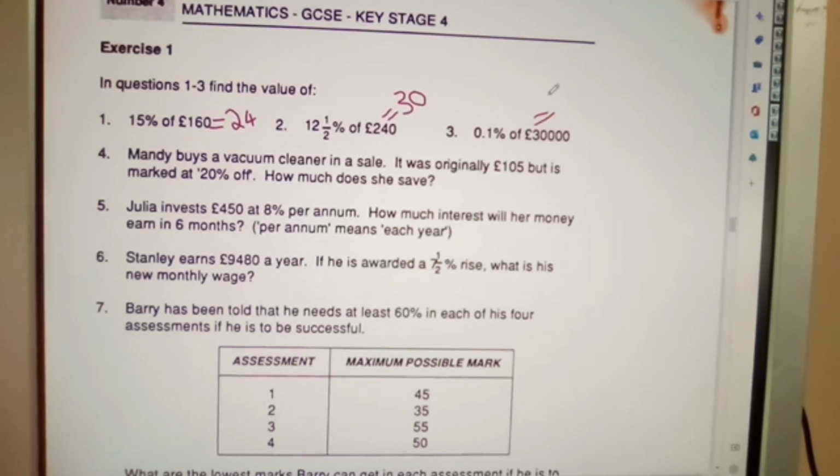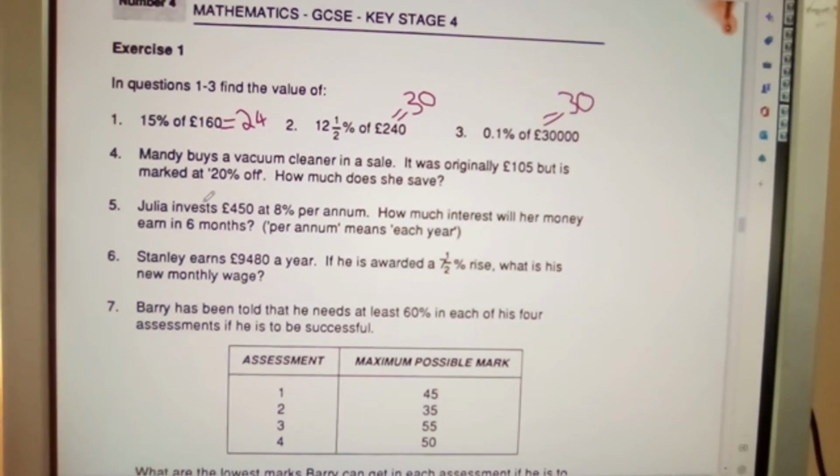And again here we have something quite strange. 30. And remember, this is in pounds, okay?